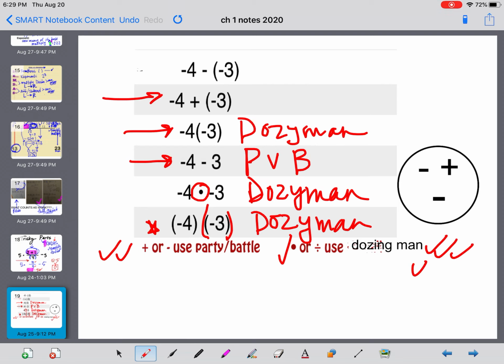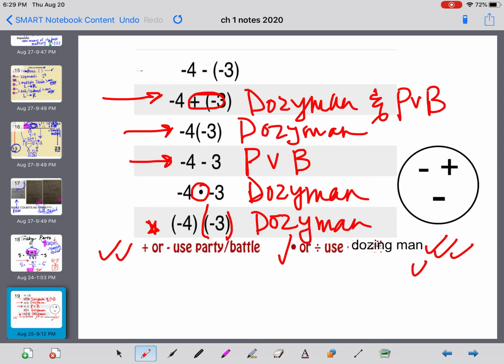Well, first, I have parentheses, so I know I'm going to use Dozy Man rules. But this one is one where I'm going to simplify that sign, and then I'm going to have an addition and subtraction. So I'm going to use Dozy Man, and then I'm going to use Party versus Battle in order to finish solving the problem.